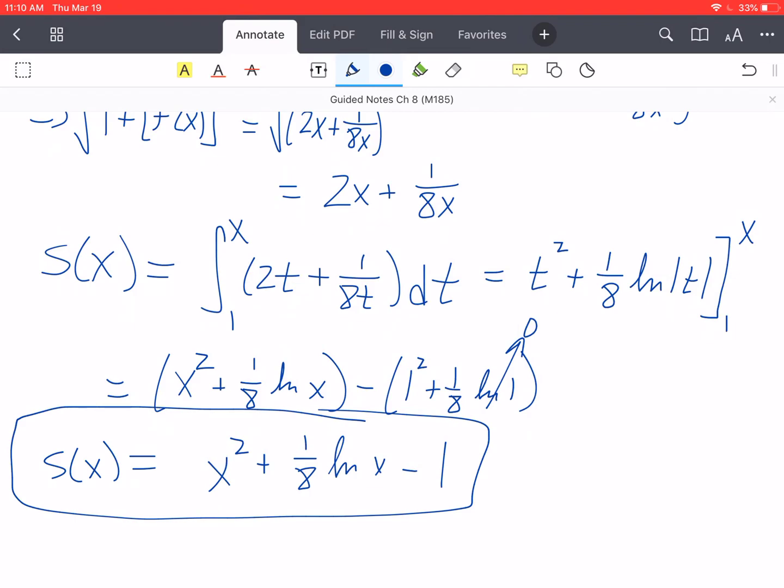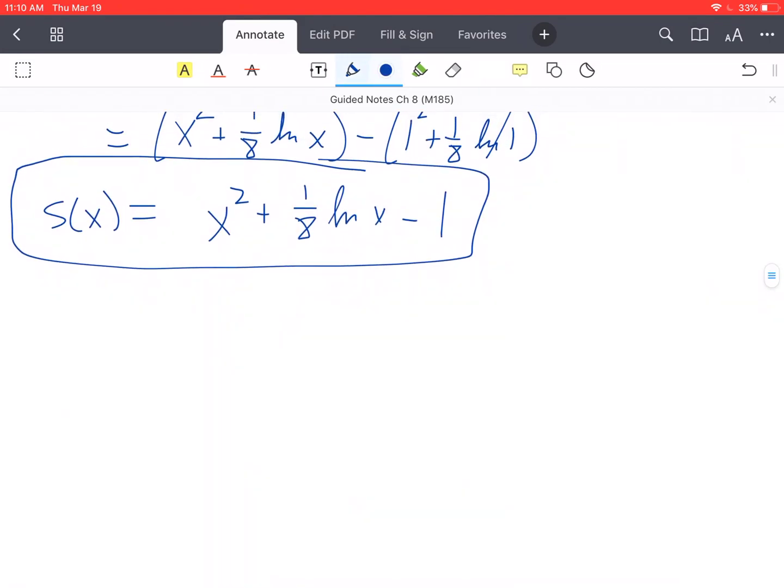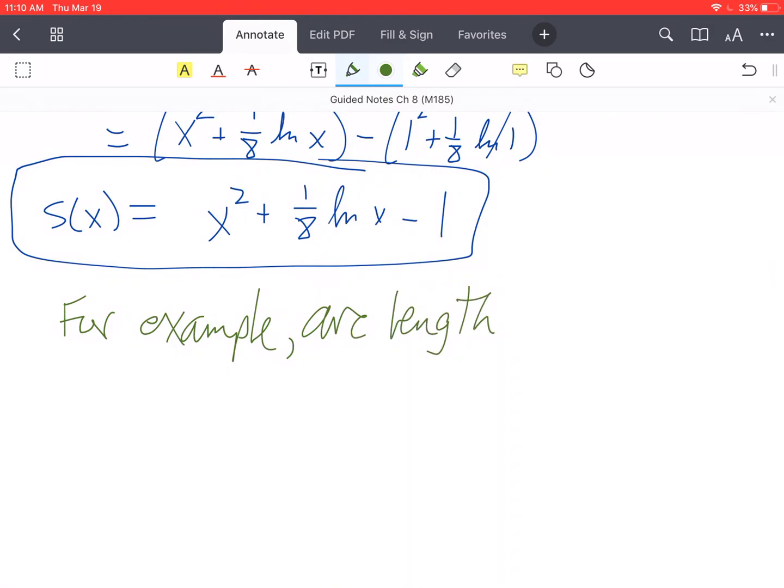Okay. So what we could do once we have this formula, for example, if we wanted arc length from 1, 1 to 3, comma, whatever the output is, 3, comma f of 3, all we would need to do is plug in 3.